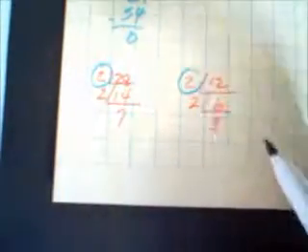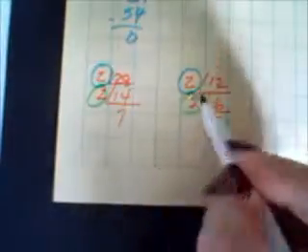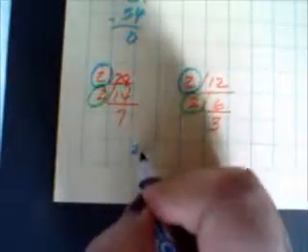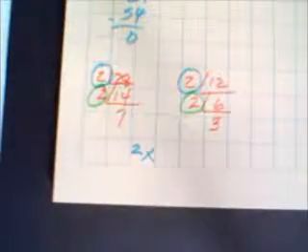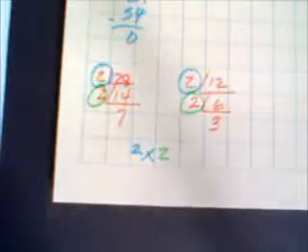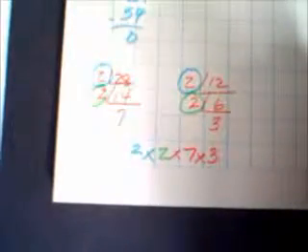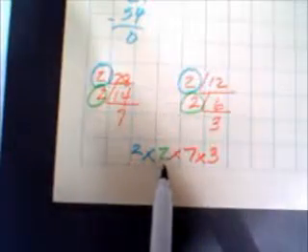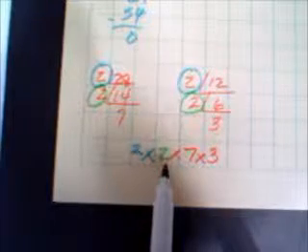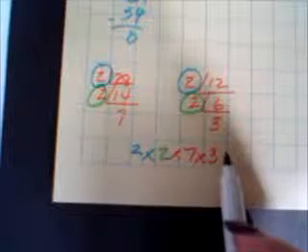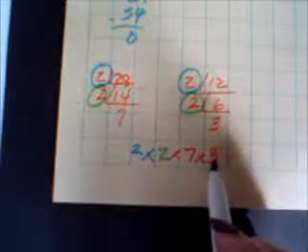Again, anything that they have in common. They have a 2 in common, and they have another 2 in common. So let's put down our numbers. We're going to put down our 2 times our other 2. Then we're going to put down anything that they don't have in common, times our 7 times our 3. 2 times 2 is 4, and 7 times 3 is 21.